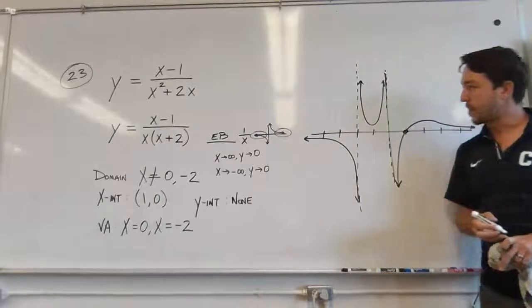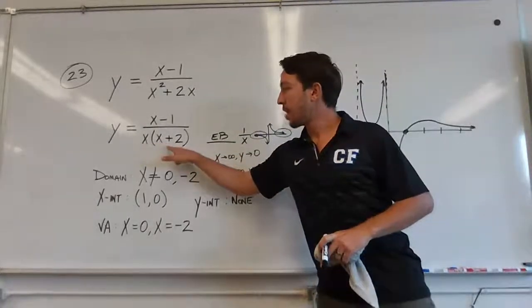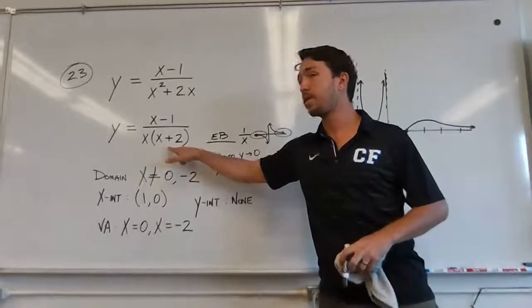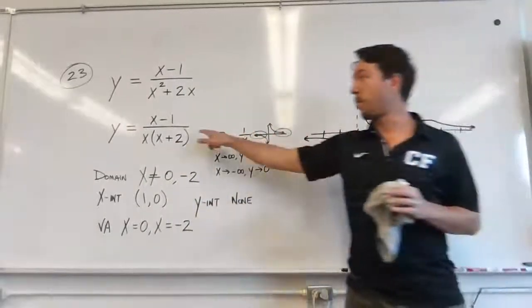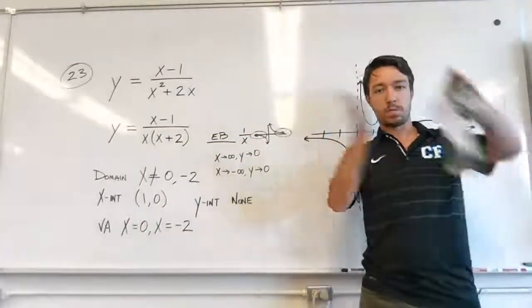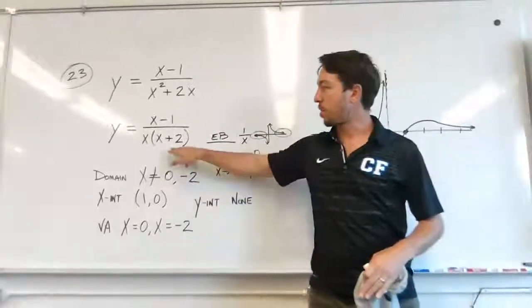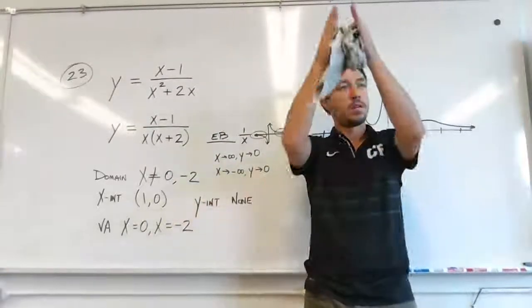The other way to reason that out is to look at each term that produced the asymptotes. And again, those terms, that's not x squared, that's not x plus 2 squared. So since they're single, these all have a degree of 1, so their asymptotes are going to move in opposite directions. If you had like an x plus 2 squared, then you might have this kind of behavior happening.